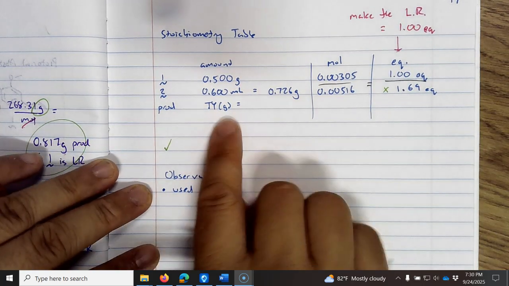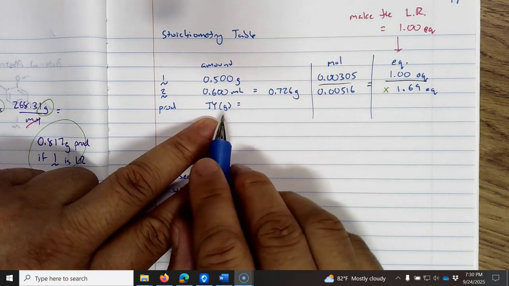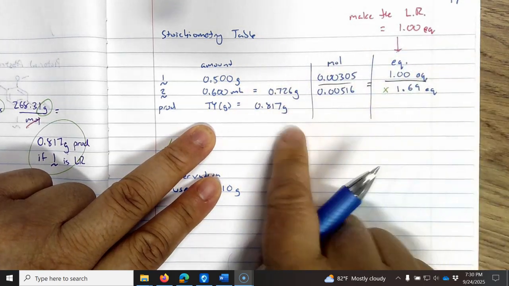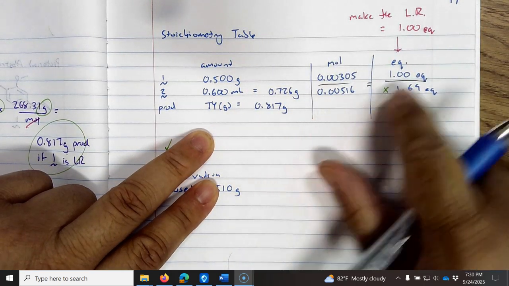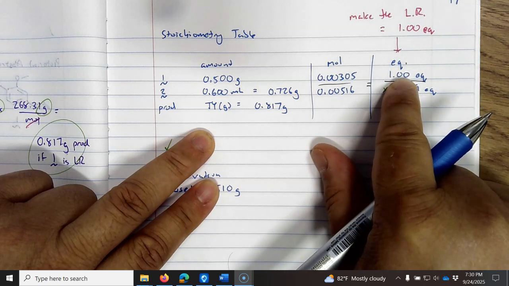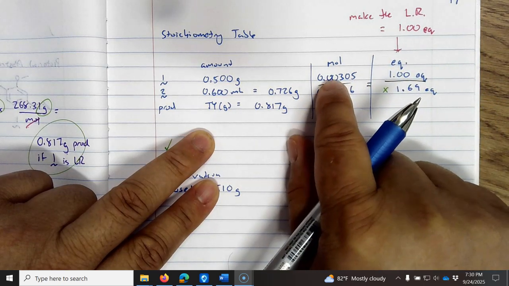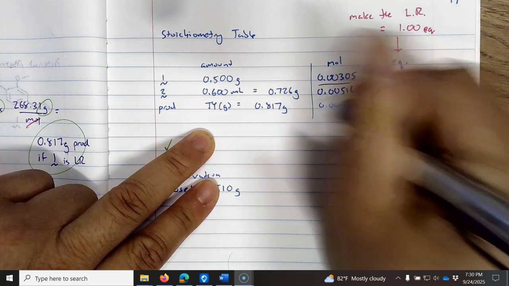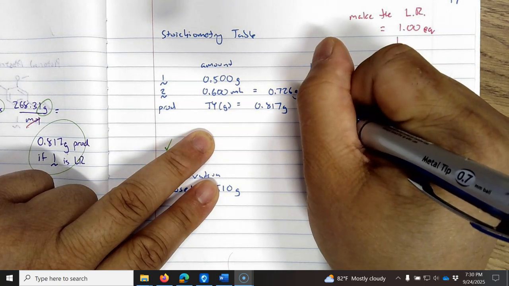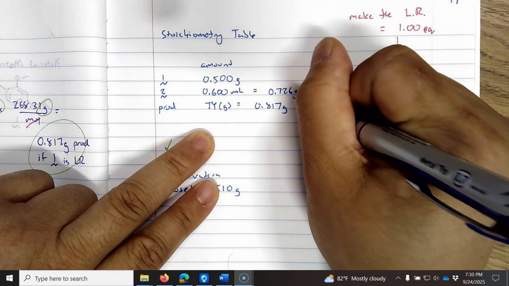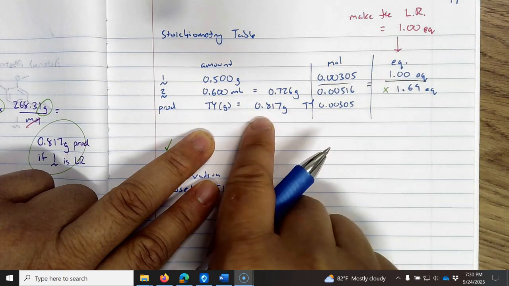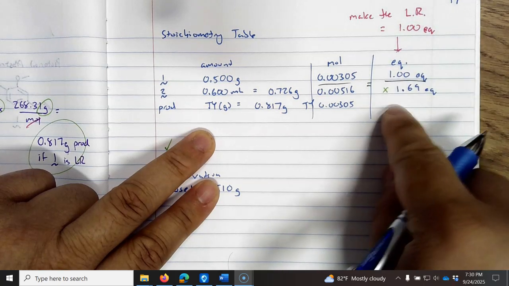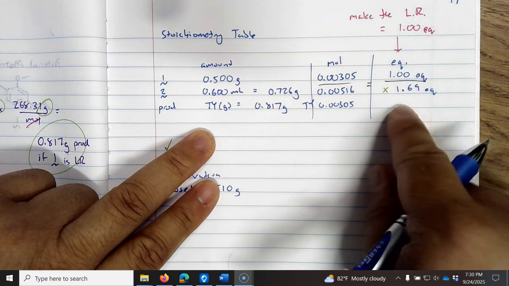Okay, we're not quite done. We found out the theoretical yield, which was 0.817 grams. The theoretical mole, because this is the limiting reagent, would be the same as this amount, 0.00305. Now, this is all theoretical, right? If the reaction works perfectly, this is theoretical yield in moles, this is theoretical yield in grams, and the equivalence, you don't have to write it here, but technically it's 1.